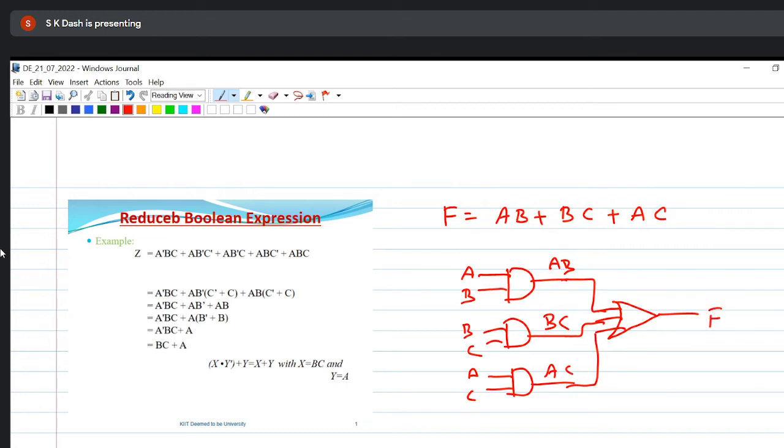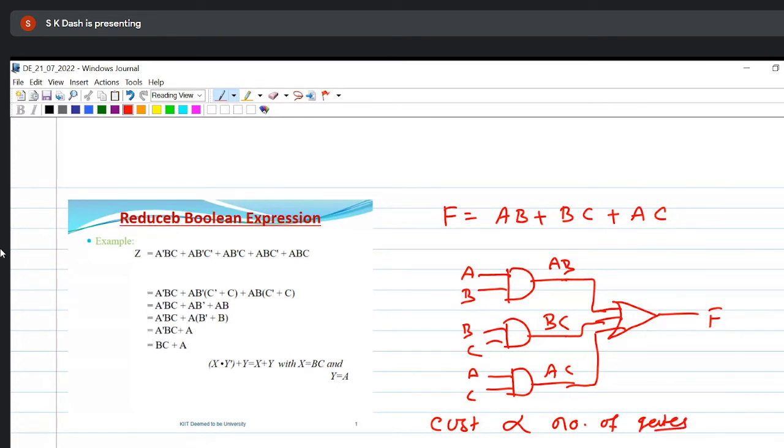Okay. So whatever expressions are given, we need to implement. Basically, we require certain gates. So the cost of your design will be directly proportional to the number of gates.